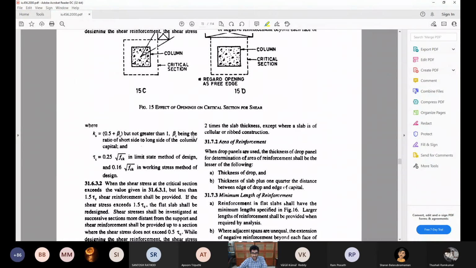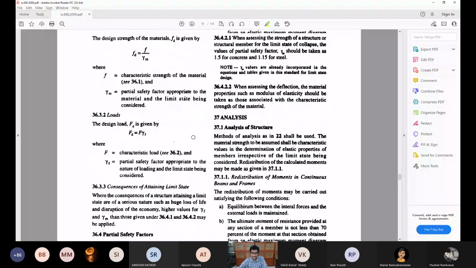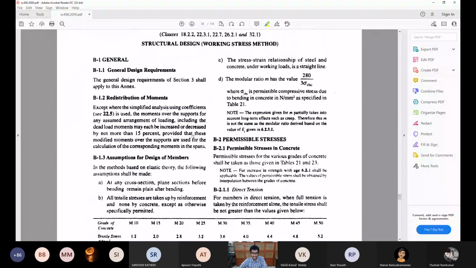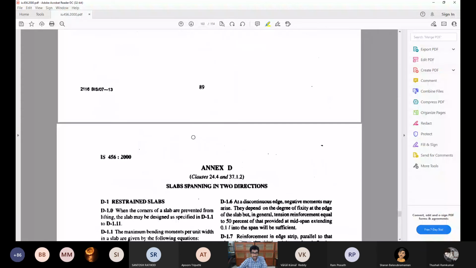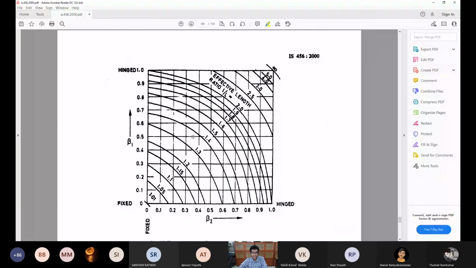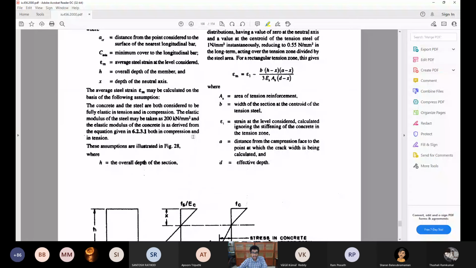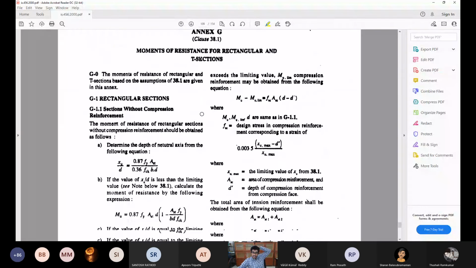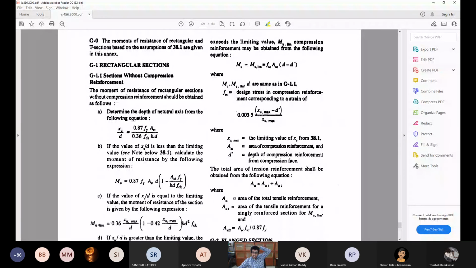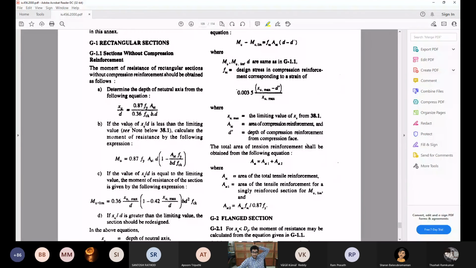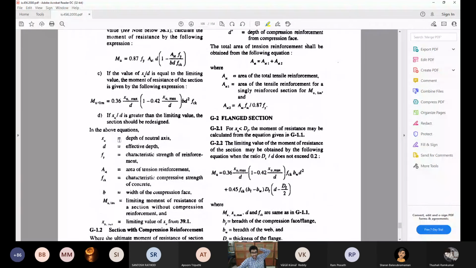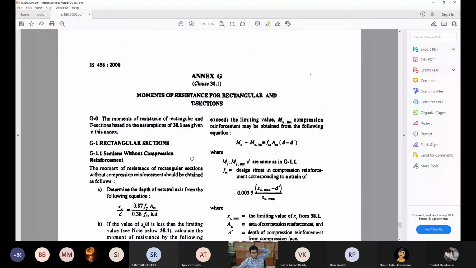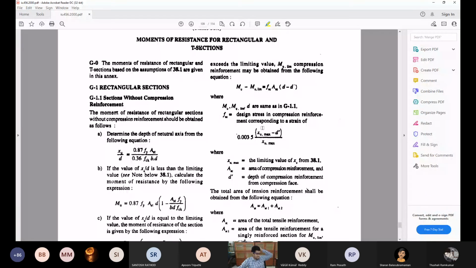And of course, I can show you all these formulas over here: Xu by d, Mu limit. Everything that you need is given over here. Similarly, if you have doubly reinforced sections, this is also shown.